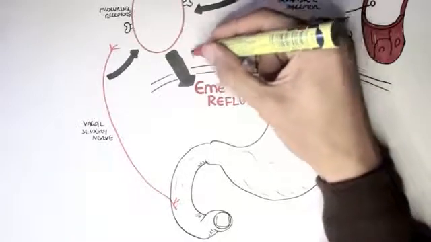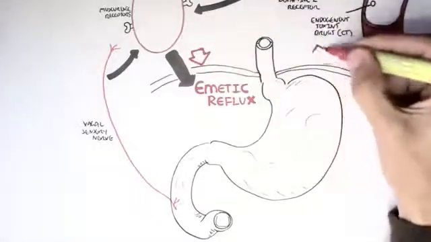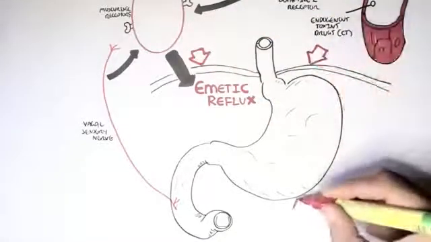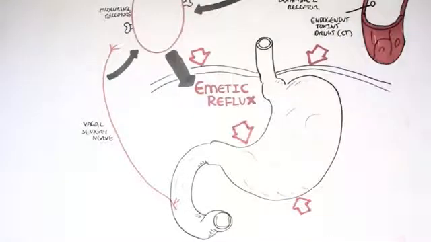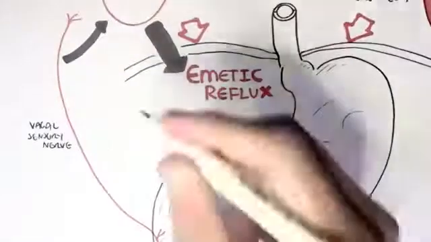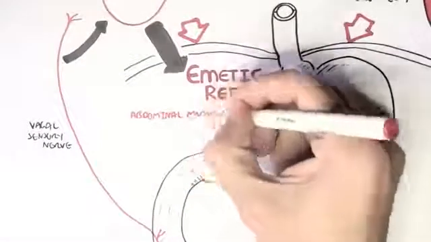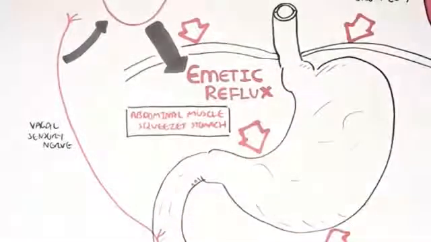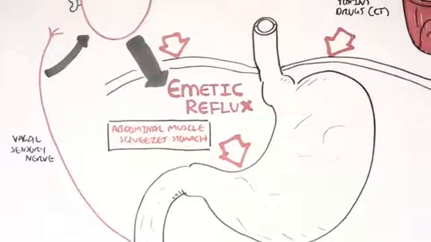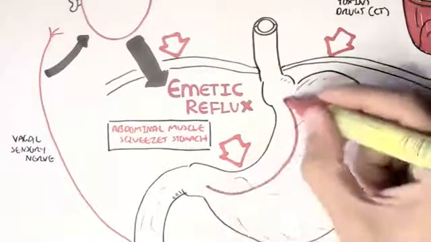So the act of vomiting is, as we know, initiated from the brainstem, from the vomiting center. However, the physical act of vomiting from signals coming from the brainstem is due to the contraction of abdominal muscles, squeezing the duodenum and the stomach to cause the food to move upwards.